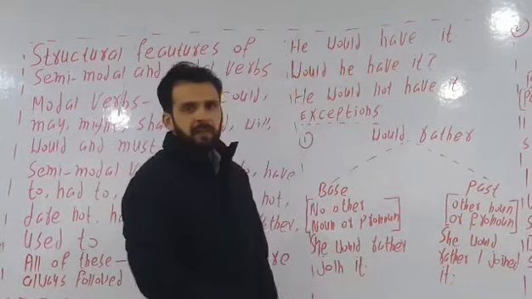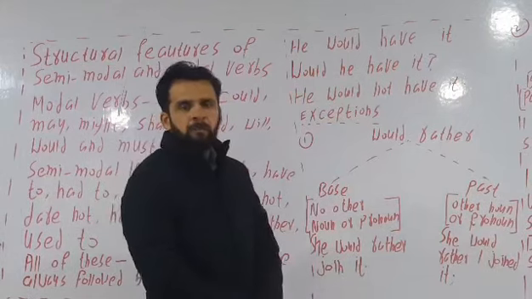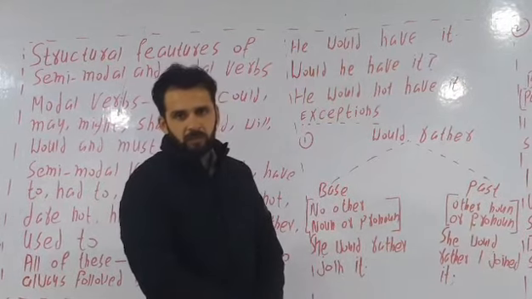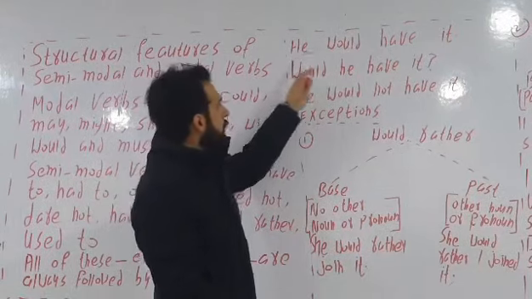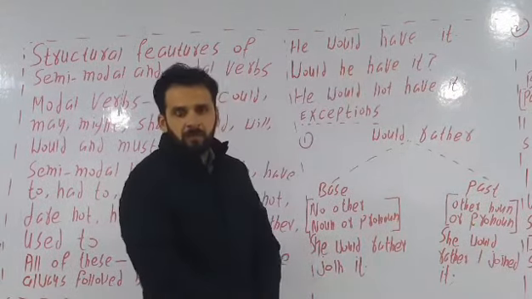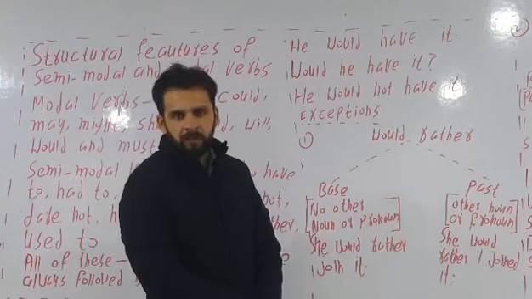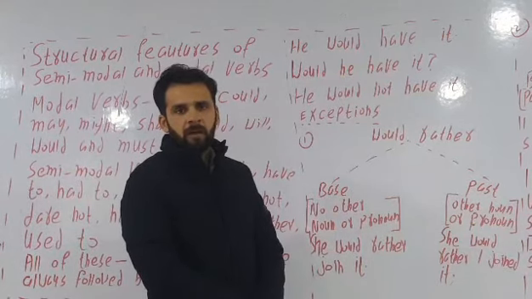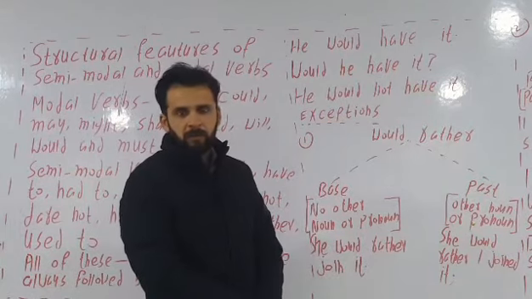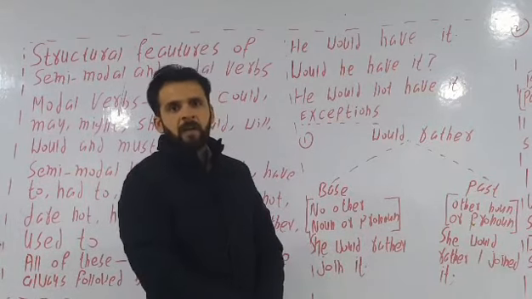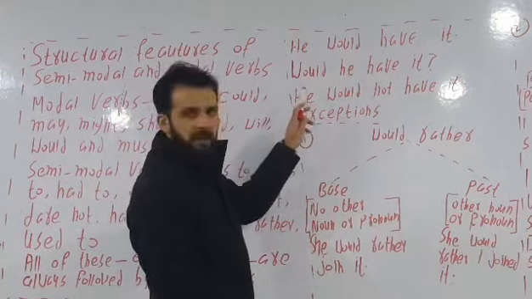He would have it, irrespective of the subject, whether the subject is singular or plural, noun or pronoun. We will use have, the base form, with all the subjects. It doesn't affect the use of the base form of the verb if we have a negative or an interrogative sentence.